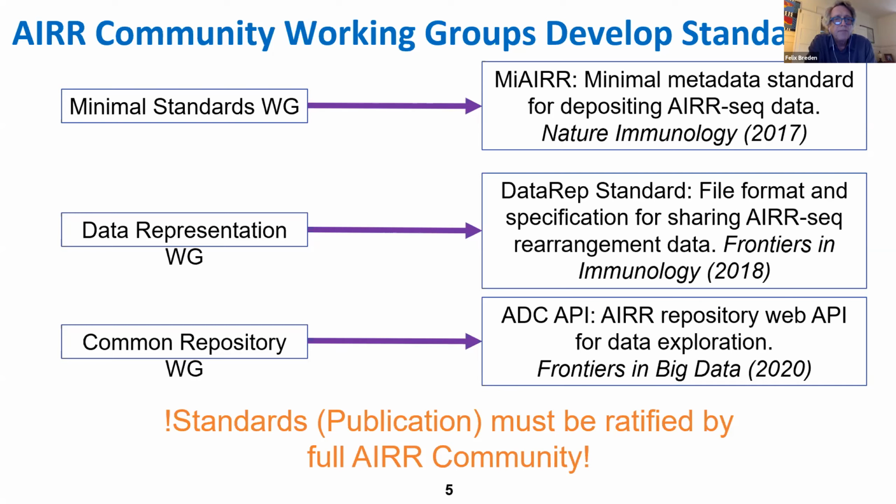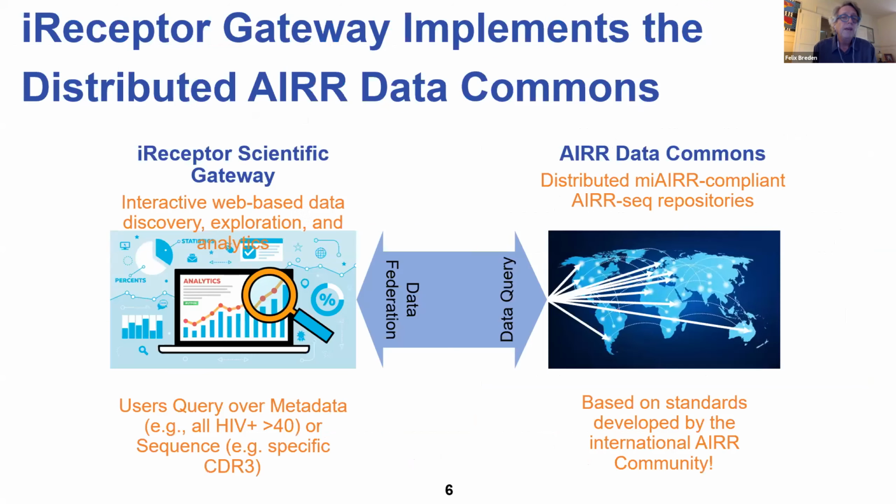The Data Representation Working Group, which does file formats for rearrangement data. And then the Common Repository Working Group, which has developed the AIR Data Commons API, which then allows integration of these data.